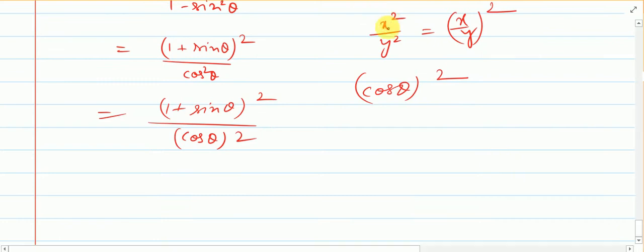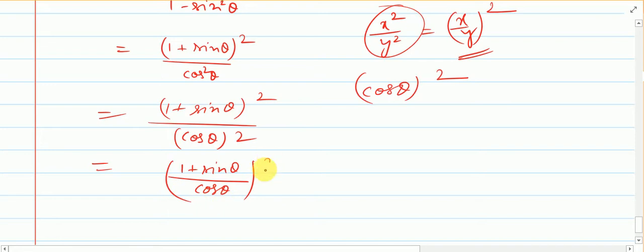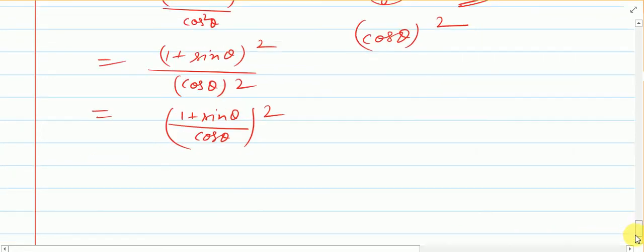And you know that you can write this as x by y whole square. So now we can write 1 plus sin theta upon cos theta whole square. And if I have x plus y upon z, then we can write x by z plus y by z.